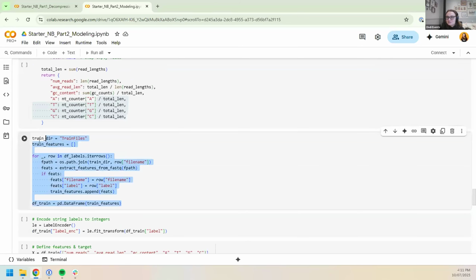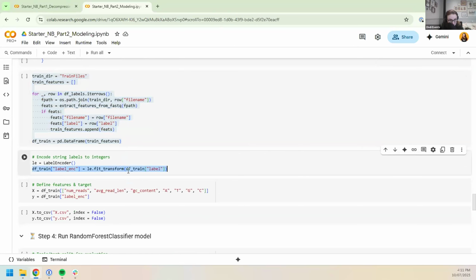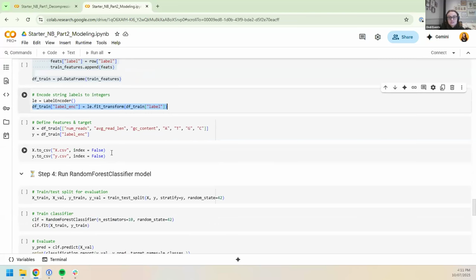So we just make sure that we've got all these features for all our FASTQ files that we derived from our MPEG-G files. We ensure that we've encoded all our strings or label encoded all our strings. This is where normal machine learning starts, which we can all go, phew, we figured out the bio stuff.